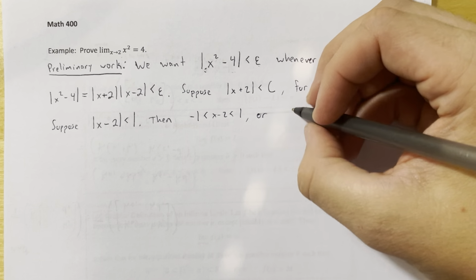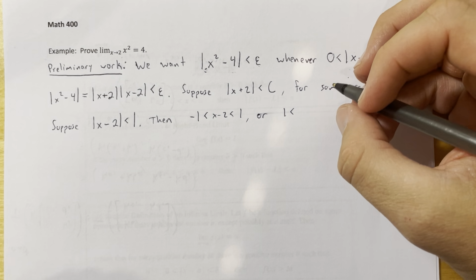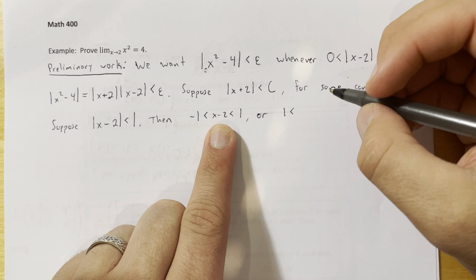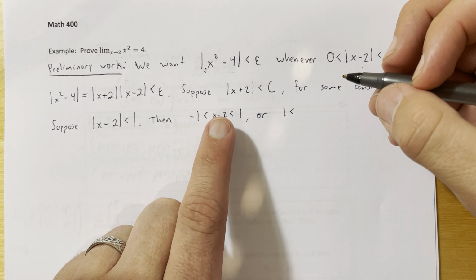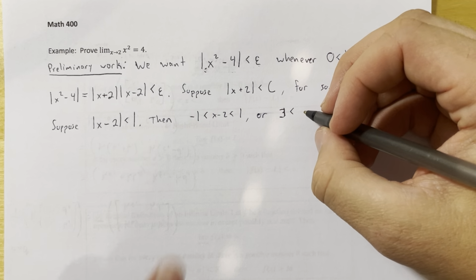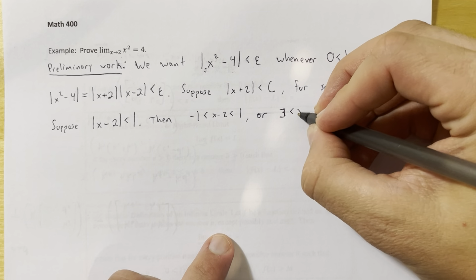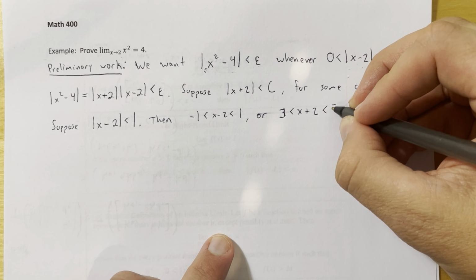Or if I add 2 to everything... actually, sorry, I don't want to add 2. I would like the thing in here to look like a positive 2. So what I'm going to do is add 4 to everything. That becomes 3 less than x minus 2 plus 4, which is x plus 2, less than 1 plus 4, which is 5.